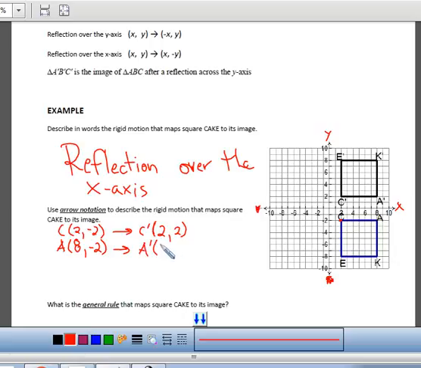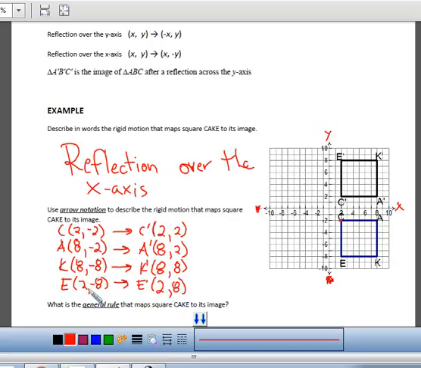Now it's 8, 2. K is at 8, negative 8. K prime, 8, 8. And the last one, 2, negative 8. E prime is 2, 8. Alright, so there's our arrow notation.